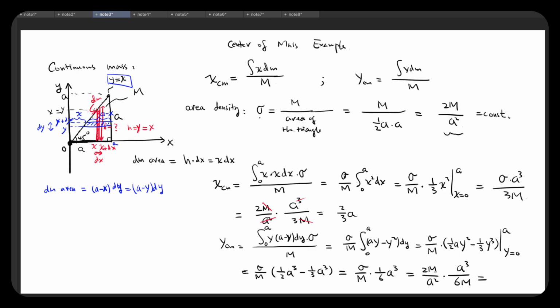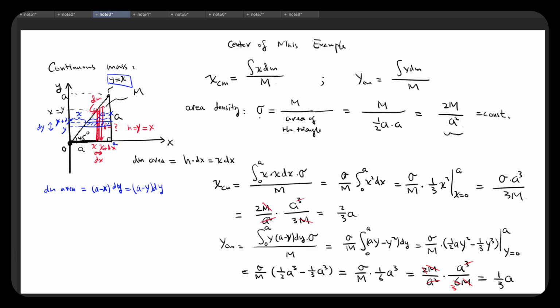The m cancels out, a squared cancels with part of a cubed, and that's 1, and that's 3. So we get 1/3 times a. So that's the y coordinate of the center mass for this triangle.